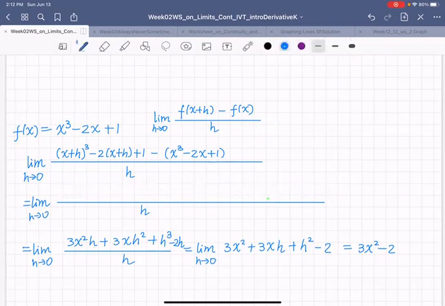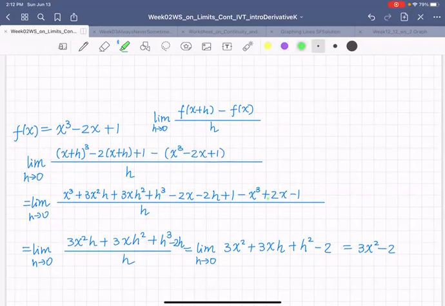Okay, so x cubed plus 3x squared h plus 3xh squared plus h cubed minus 2x minus 2h plus 1 minus x cubed plus 2x minus 1. Very good. Now let's go ahead, do the cancellations. Okay, so you can cancel x cubed and negative x cubed, and also negative 2x and 2x, and 1 and negative 1.